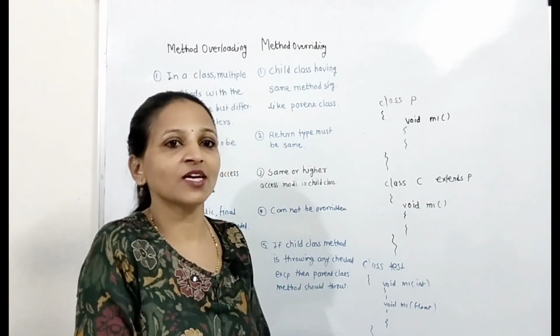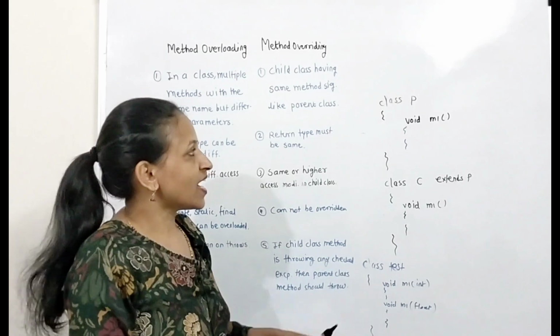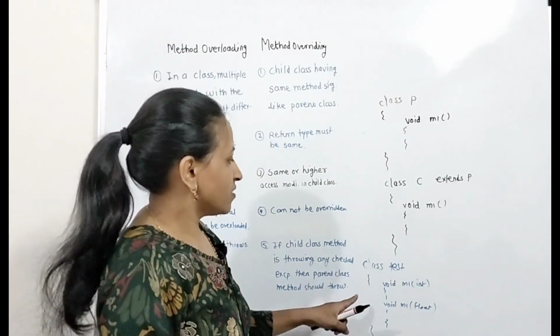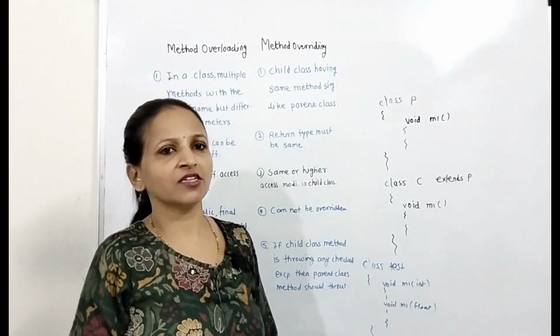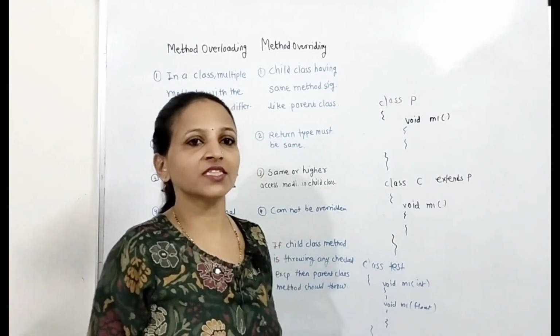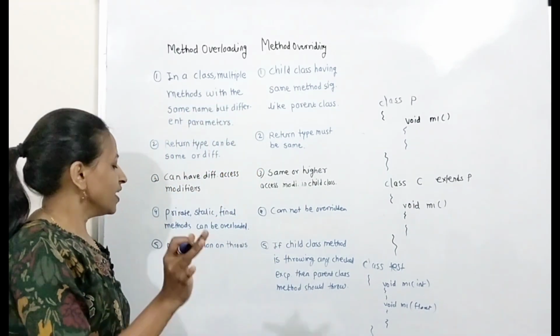You cannot redefine that method. That is the final implementation only. Okay, that's why static, private, final methods cannot be overridden. But here it is okay. Suppose any method is declared as a static method, then you can overload that. So in method overloading, there is no restriction like private, static, final. Getting?